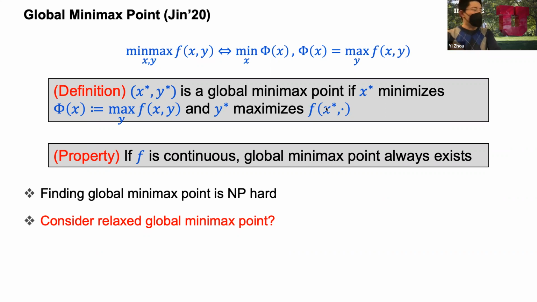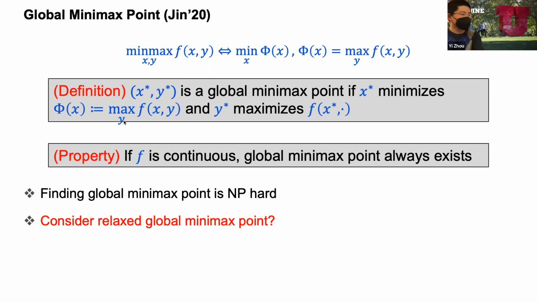But x star only minimizes this phi function, not the f function. So this is the difference here. The definition of stationary point is in terms of f, not in terms of phi.